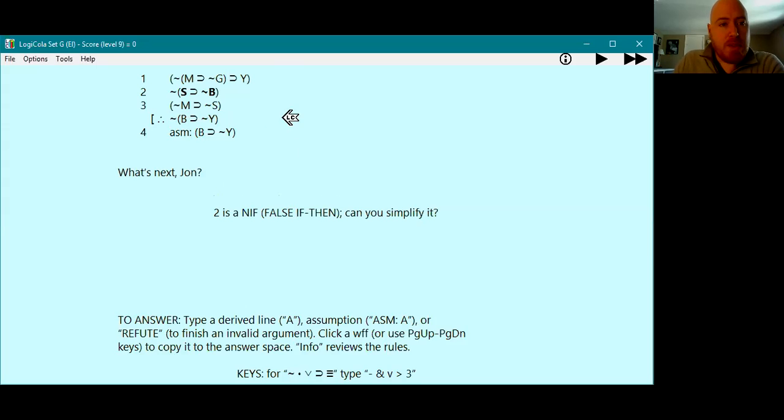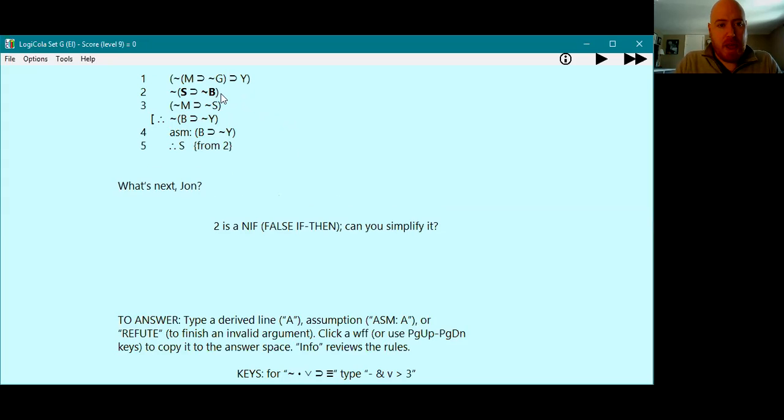Now, on premise 2, notice that we have a tilde outside of a horseshoe. Once again, that means that the antecedent is true. So S is true. And not B is going to be false. Well, if not B is false, then B is true.